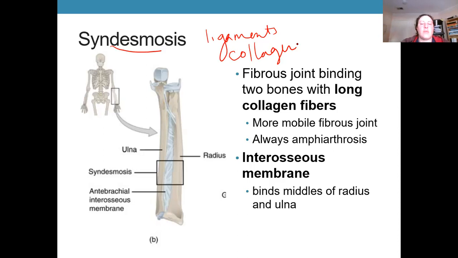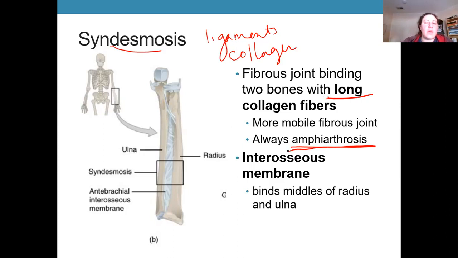The sutures and the one I'm about to talk about next are very specific, but otherwise, if it's collagen fibers, it's a syndesmosis. The big difference here between this and sutures is that the fibers are longer, and so we get a little bit of mobility in these joints. So they're typically what we call an amphiarthrosis.